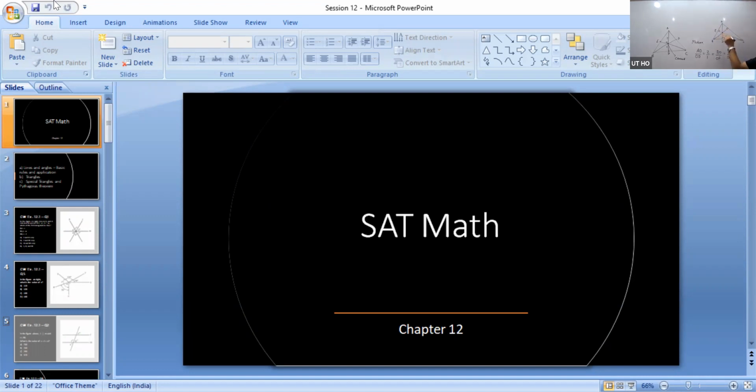This will be the intersection point of the altitudes, and this is called the orthocenter. Ortho means perpendicular. Clear? So keep in mind, the centroid is the point of intersection of medians, and the orthocenter is the point of intersection of perpendiculars, normals or altitudes.